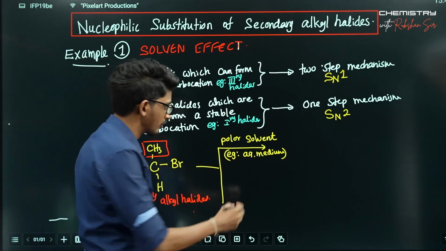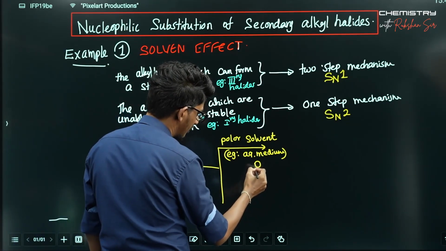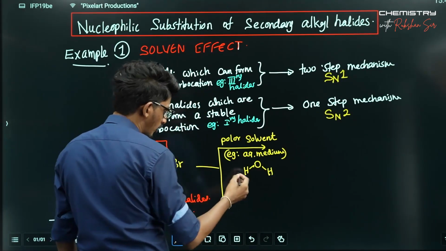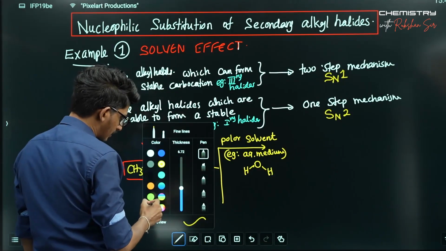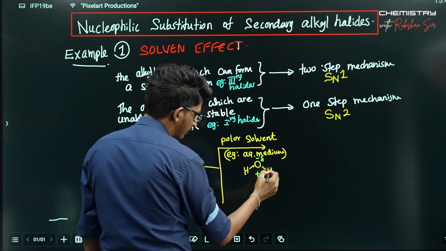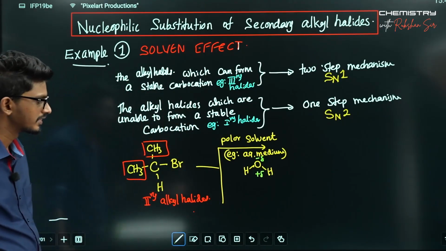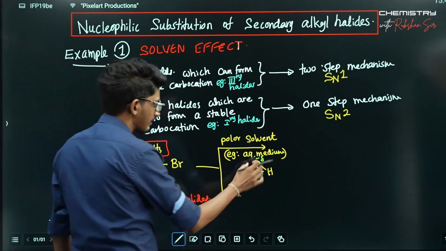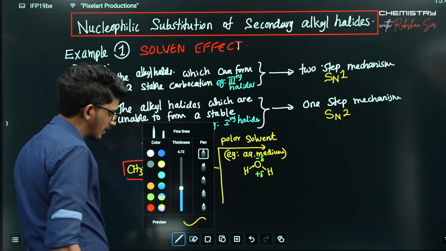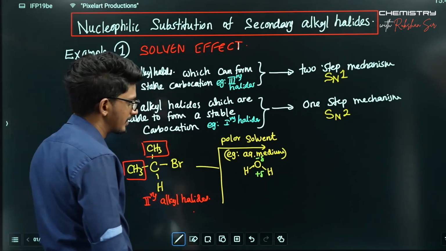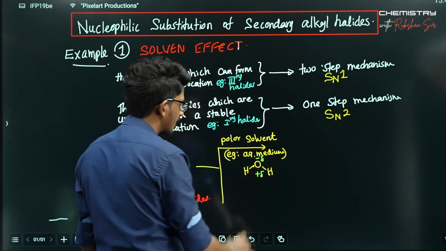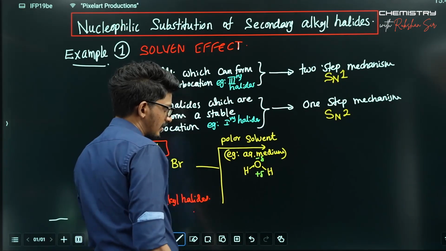Polar solvents are like this. In an aqueous medium, the solvent molecules have negative deltas and positive deltas. So these negative deltas can be used to stabilize your carbocation.